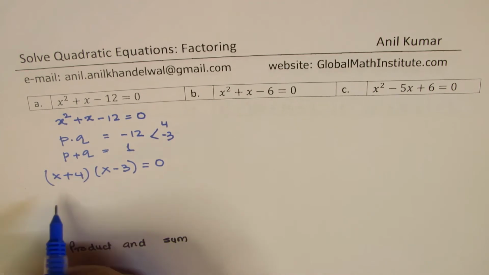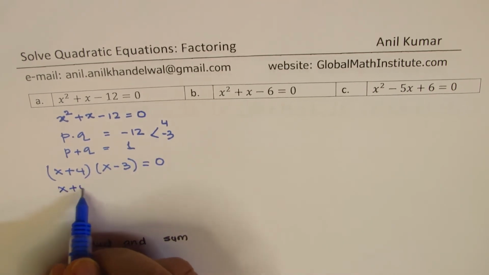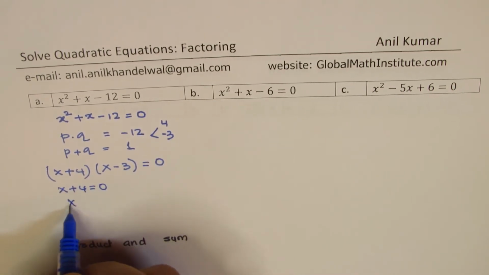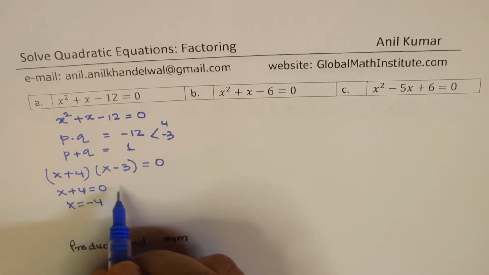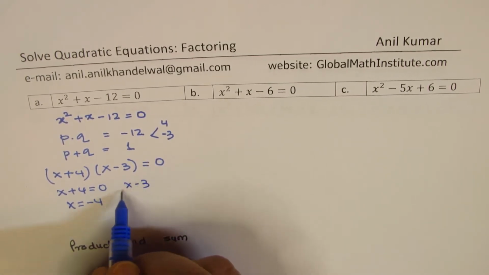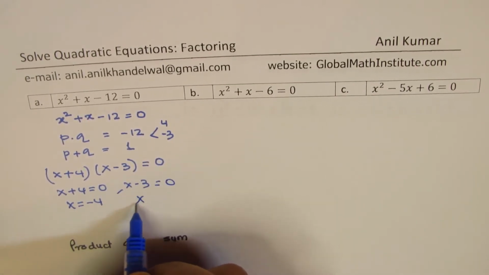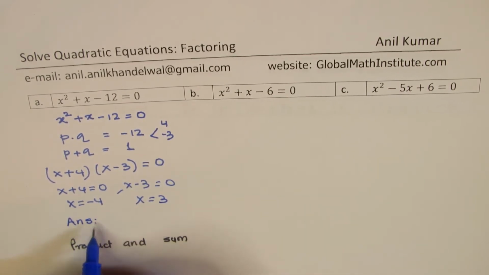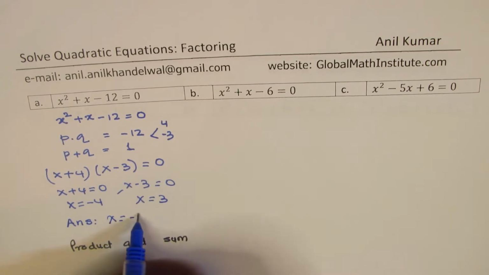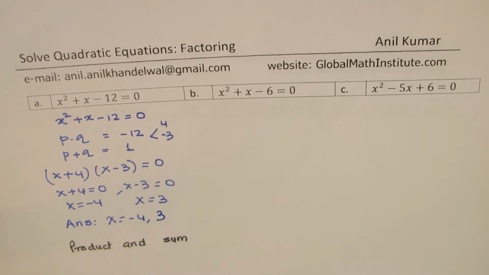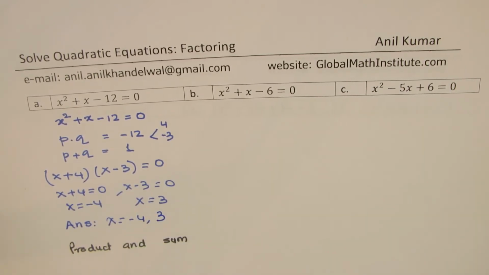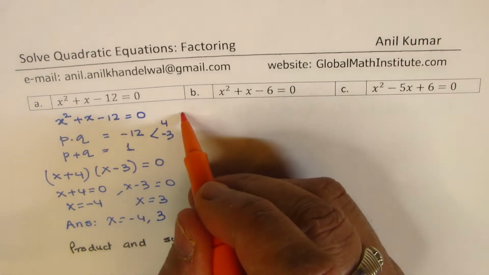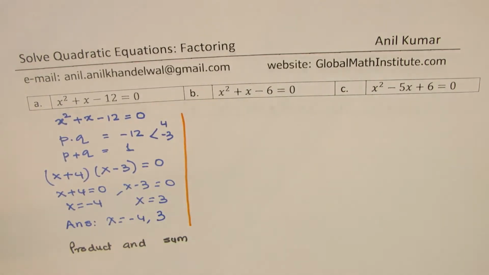So we'll solve it by saying x plus 4 equals 0, or x is equal to minus 4, or x minus 3 equals 0, or x equals 3. So we have two solutions. The solutions are x equals minus 4 and 3. Okay? So that is the way that we are going to solve all these equations.